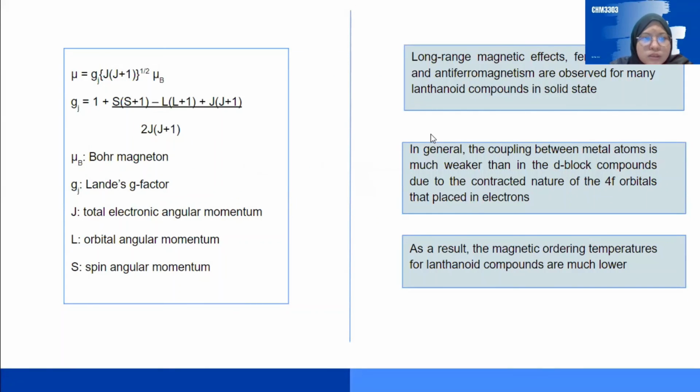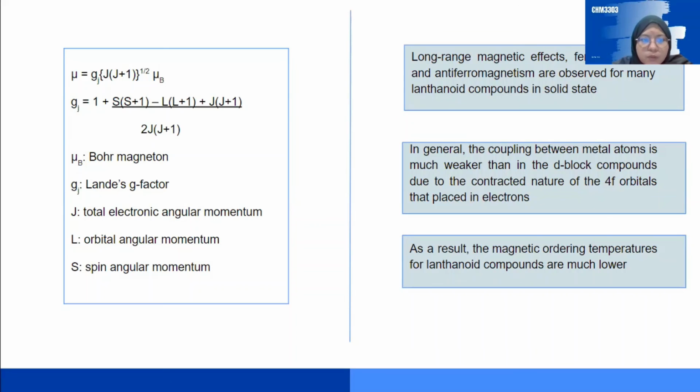Mu is equal to gJ times [J(J+1)] to the power of a half, in Bohr magnetons. gJ is equal to 1 plus [S(S+1) minus L(L+1) plus J(J+1)] over 2J(J+1).